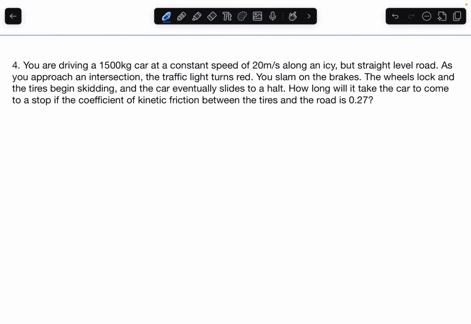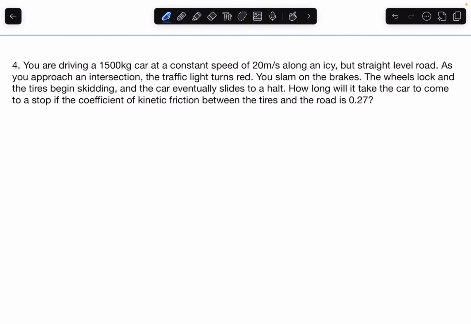So the final goal for this question is to find time, and we can only find time through our kinematics equations. The connection here between these forces equations and the kinematics equations is acceleration. So at some point in solving this question, we need to find acceleration. First, we're just going to solve for a bunch of things and then connect it back to acceleration.